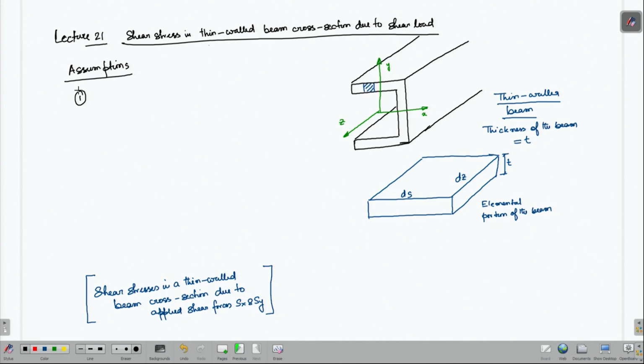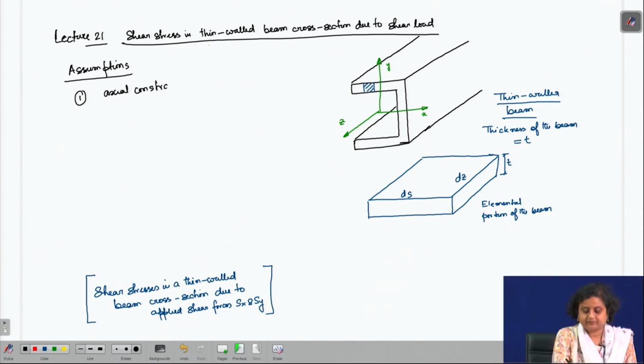The deformation in the z direction is not constrained, so axial constraint effects are neglected.